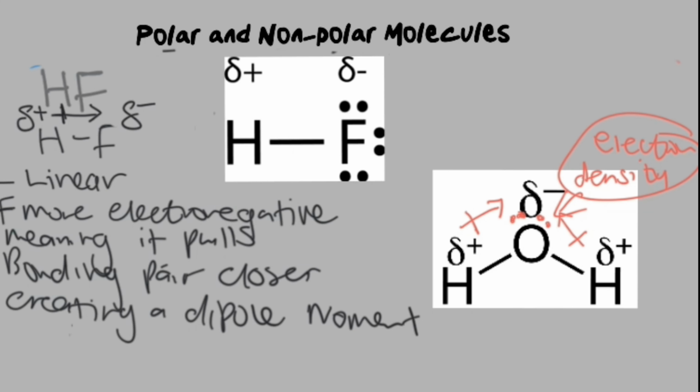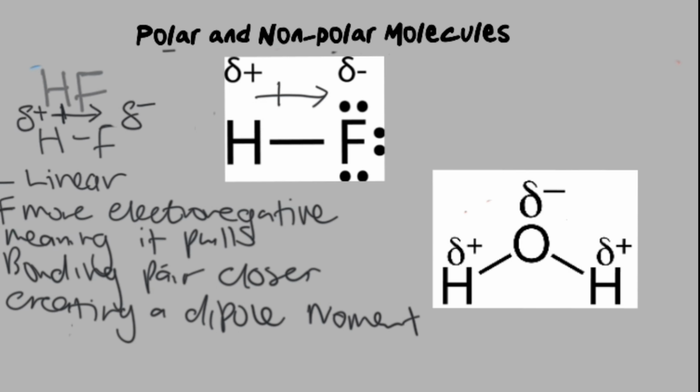All right, so if I look at what I've done here, I'll just explain quickly. I've inserted two pictures, right? One of water and one of this HF molecule, which I was showing you guys. So I have to show an arrow when I'm drawing that moves to the more electronegative one.